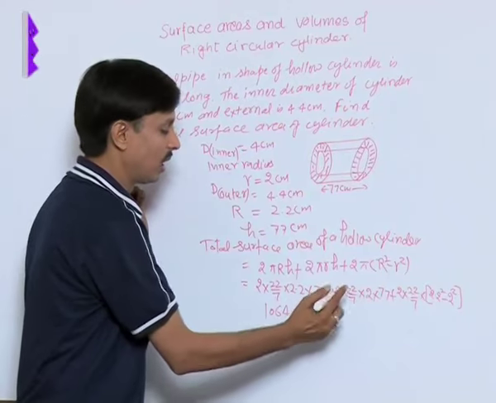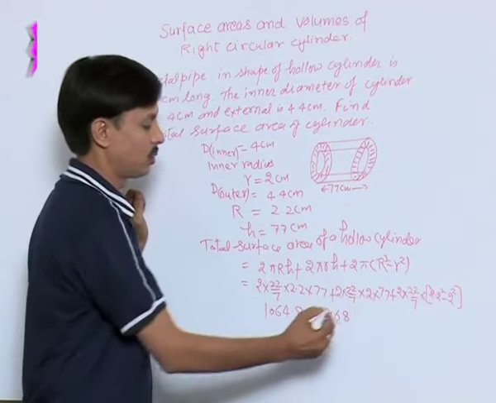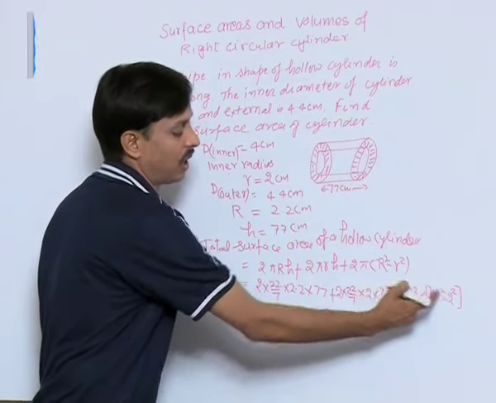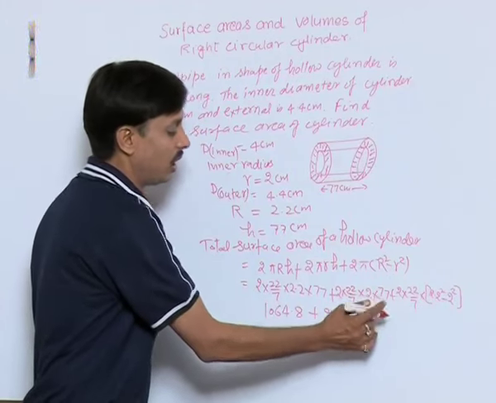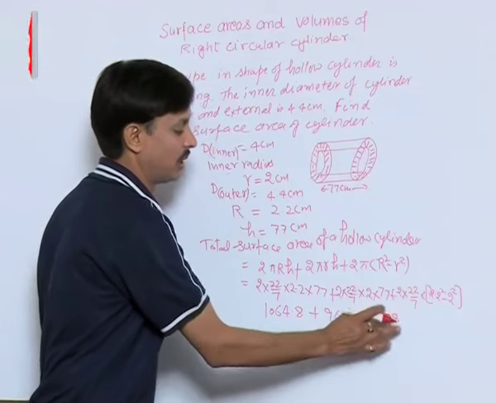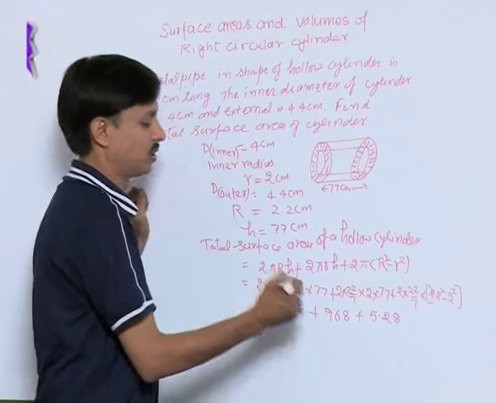Inner, this value will give us 968 centimeter square, and the area of both rings, 2 pi capital R square minus small r square, this calculation leads us to 5.28 centimeter square.